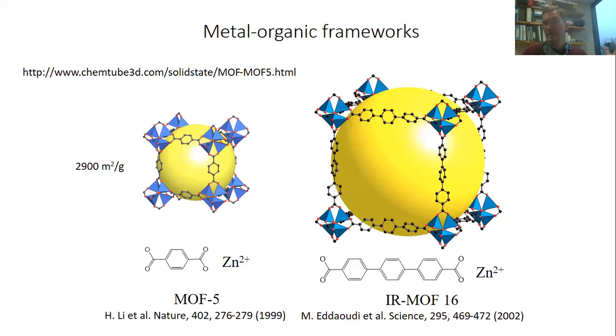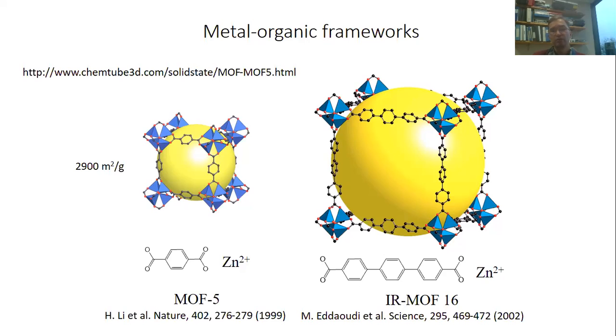So for example, zeolites also have pores, but they have thicker pore walls, they have smaller surface areas, and the pore structure is less predictable. But by the concept of so-called isoreticular chemistry, one can tune the pore sizes with a higher predictability.